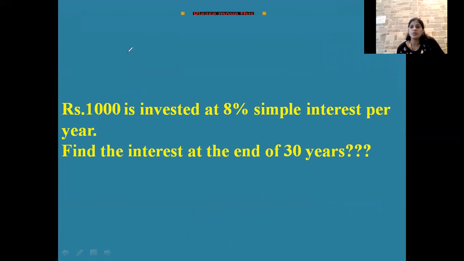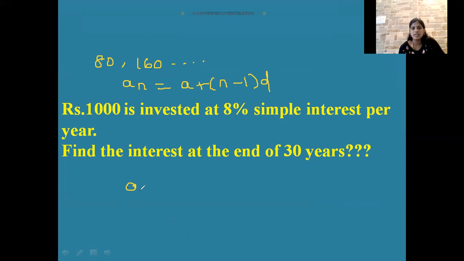If you keep doing the same calculation 30 times, it is really time consuming. So I'm going to utilize these 2 years of information, 80 and 160 and so on, and apply the an formula, which is an equals a plus (n minus 1) times d. The value of an is unknown; that's what we are going to find. The value of a is 80, plus (n minus 1), where n is 30, so 30 minus 1, times d.